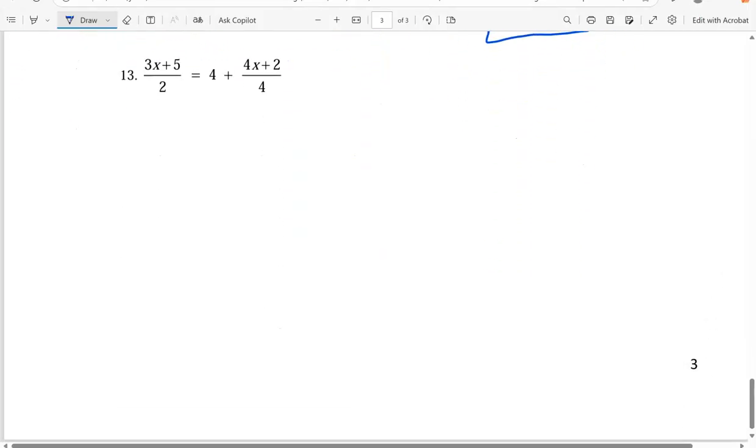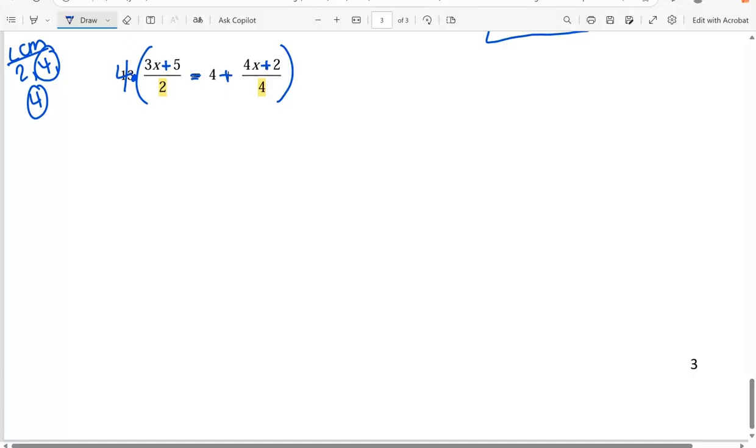Try this last one. Pause. Try it. It's just like the one we completed. Looking at our common denominator, 2, 4. Looking at my least common multiples, my common denominator here would be 4. So I'm going to take this entire thing and multiply it times 4. When I do that, I have the pluses, the equals that separate out my multiplications.